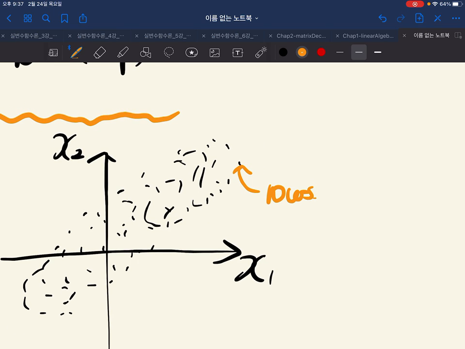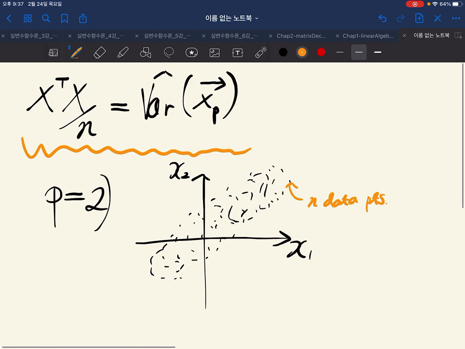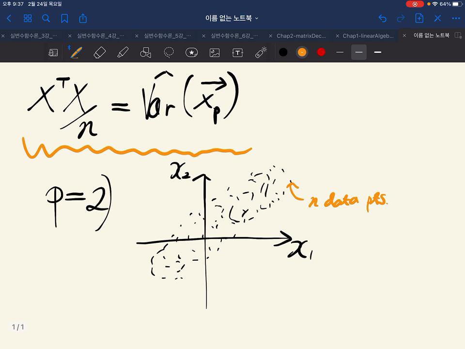The points are each of the observations. So it is a graphical representation of every row vector of the design matrix X. And they are n data points. And recall that now we're talking about the unsupervised learning case, and what we're interested in is the source of variation.